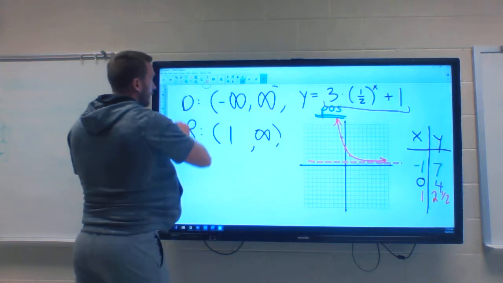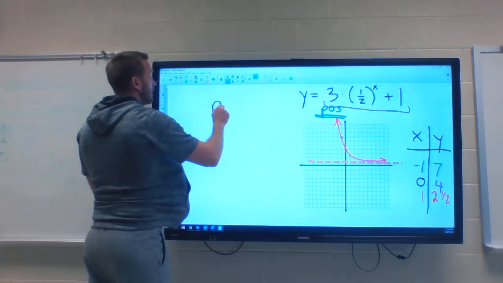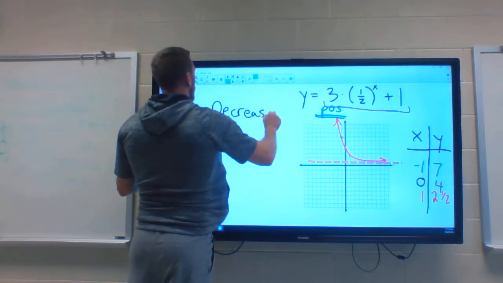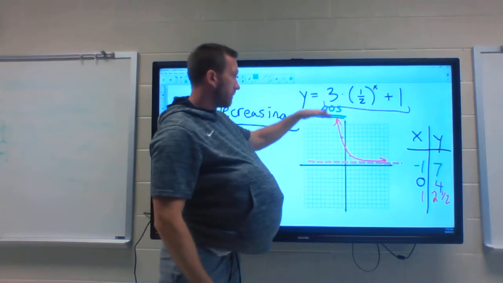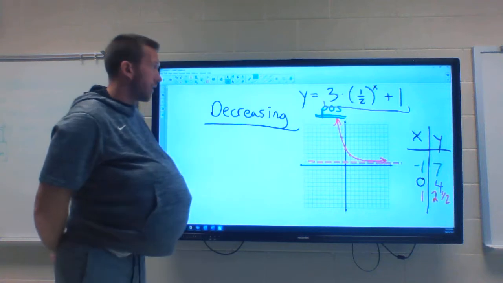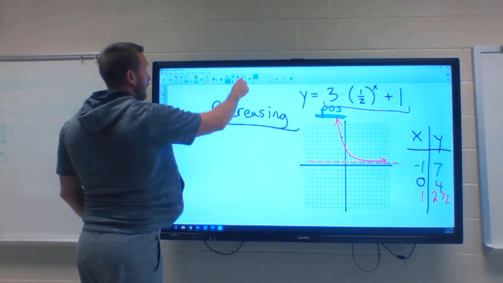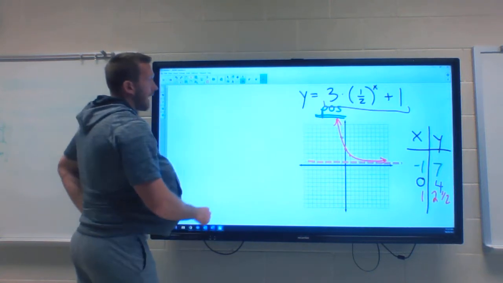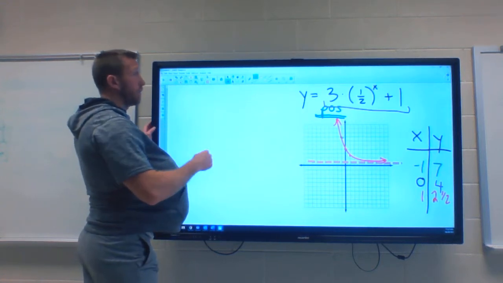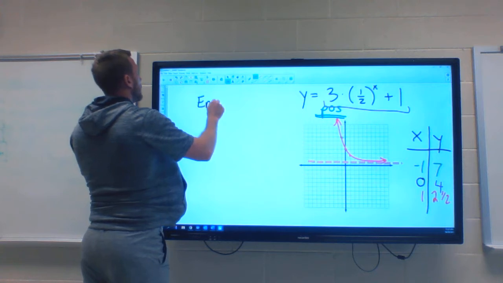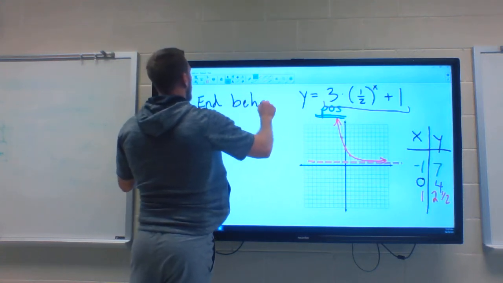Also, this problem is always decreasing. Remember, true decay functions that are above the asymptote that decay into the asymptote are going to be decreasing functions. All right, what else can we look at for this function? What else might we be asked? Well, we could be asked what the end behavior is. Okay?